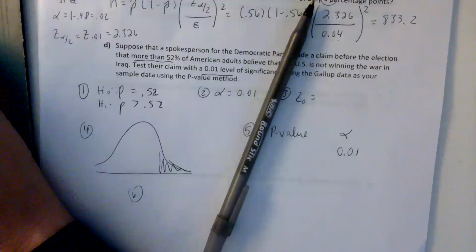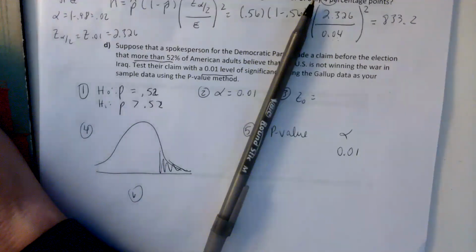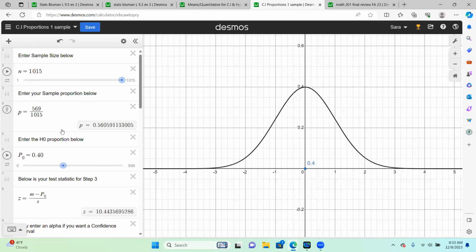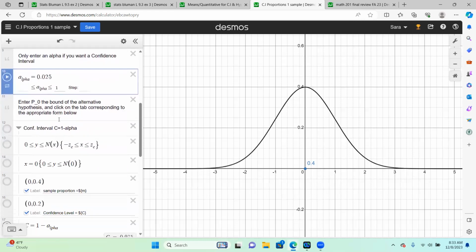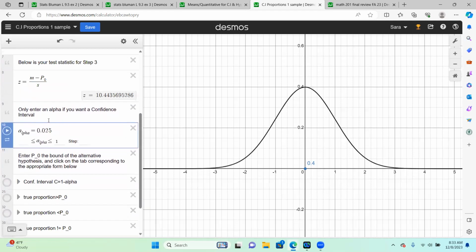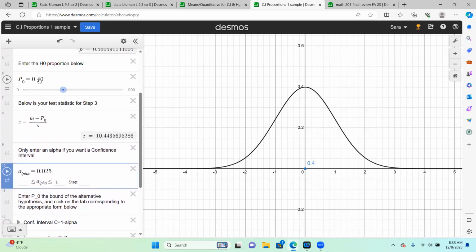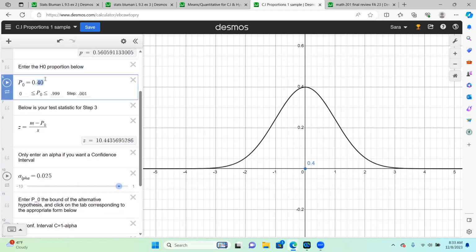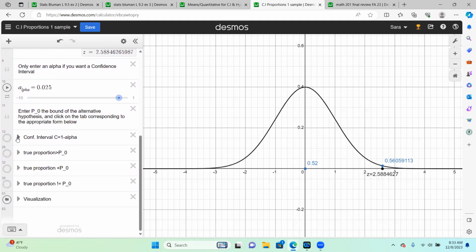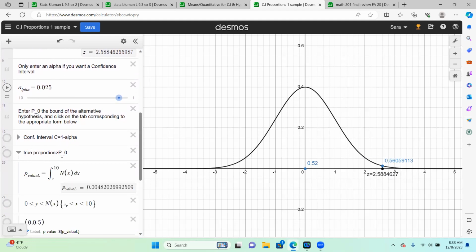I'm going to my computer program for proportions where we did a confidence interval. And the cool thing is all the information's in there. We're just going to go back to the P0 and we're changing that to 0.52 because that's what we're going to test against. And now I'm not going to look at the confidence intervals, but I'm looking at the greater than on the testing.